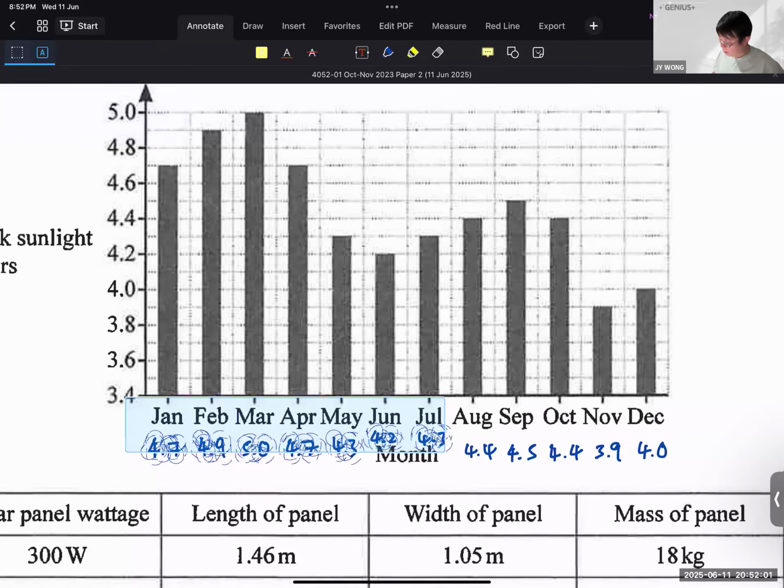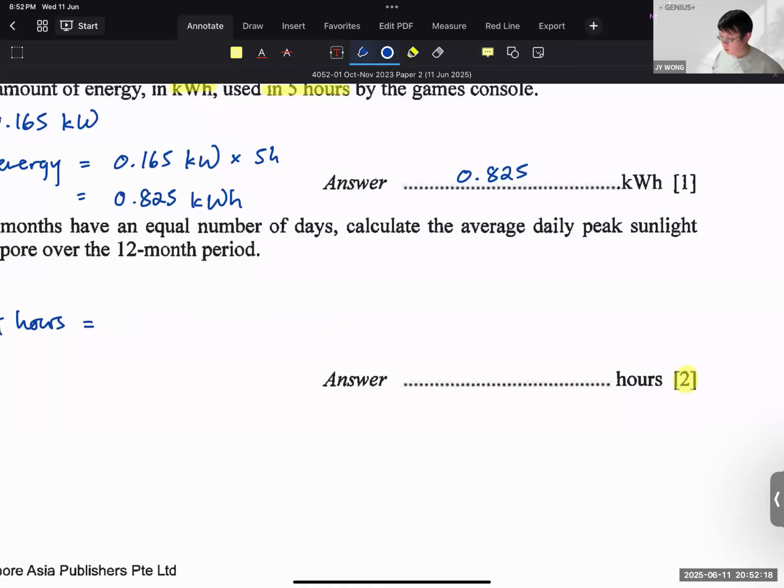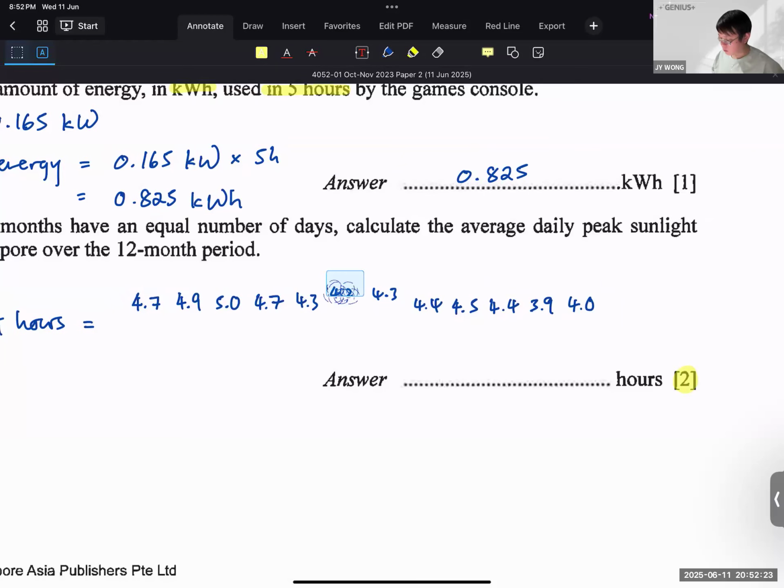Cambridge, because it's a 2-mark question, clearly wants you to write out this entire thing. So you just go and write out the entire thing. This plus this plus this plus this plus this plus this plus this, and so on.